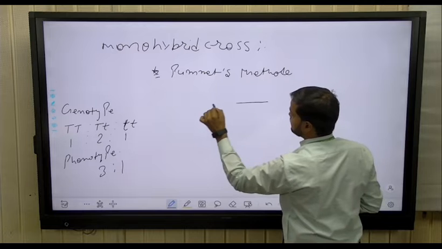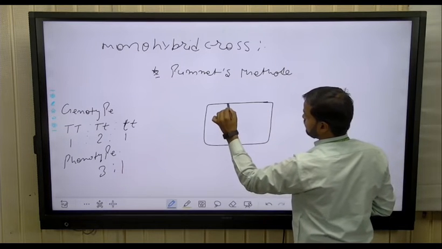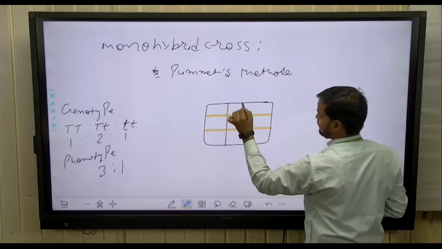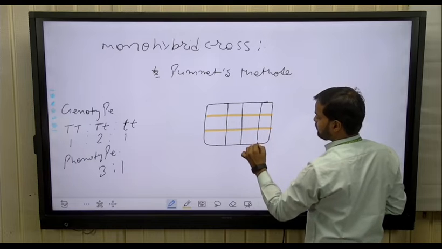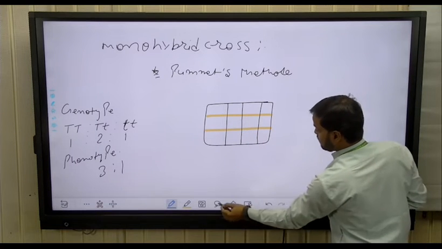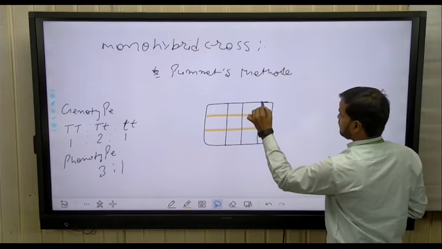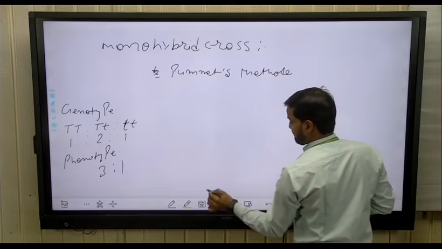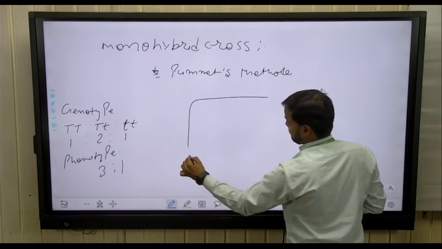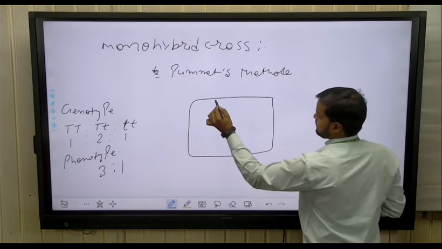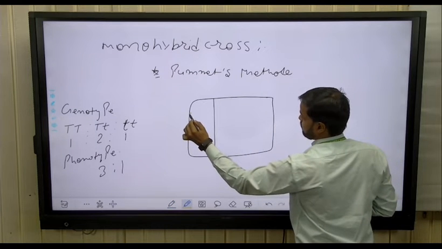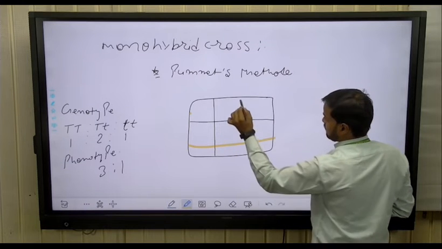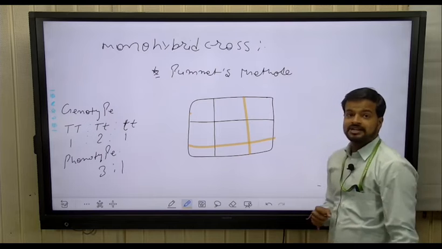According to Punnett's method, we draw a square. That is the Punnett method.